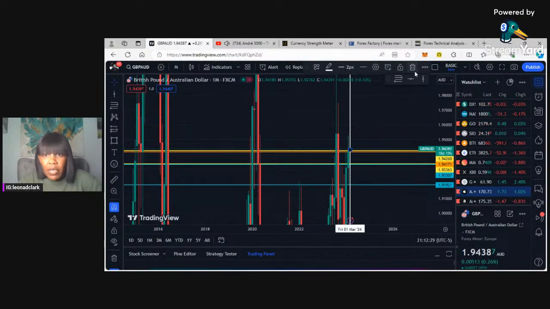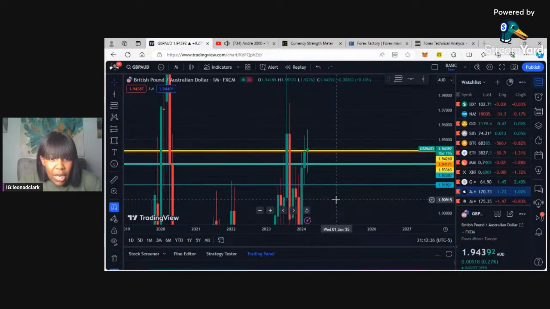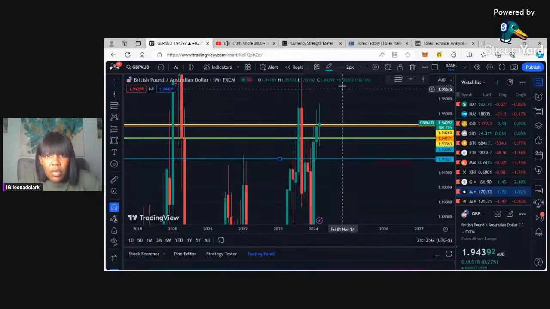Let me delete this off of here for a second. I can't remember if I did this recently or not. Let me change this to orange. Okay, so I haven't done this recently.